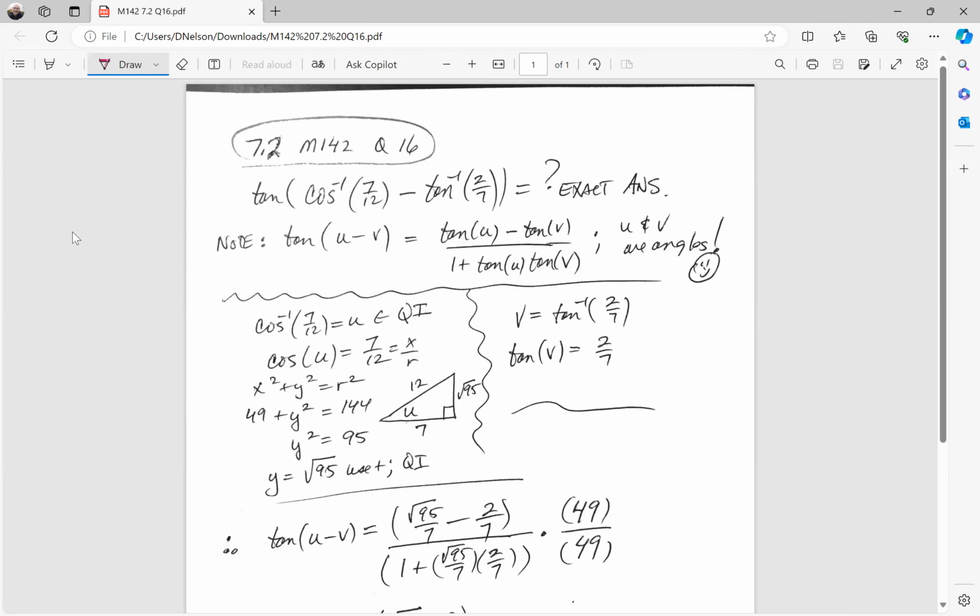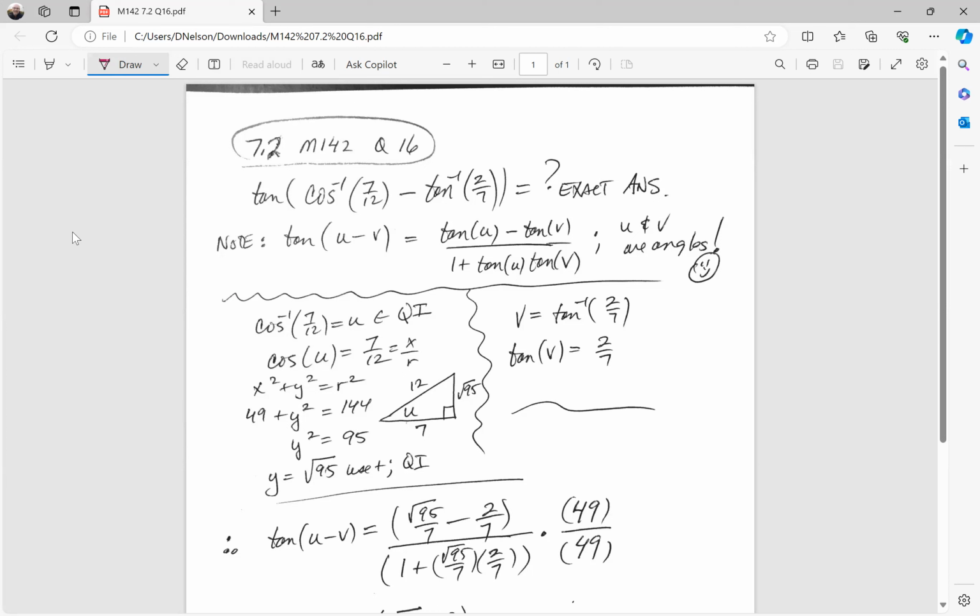So we'll use the Pythagorean theorem, x squared plus y squared equals r squared in that right triangle, to find the missing side. x squared would be 7 squared, which is 49, plus y squared, and r is 12, so 12 squared would be 144.